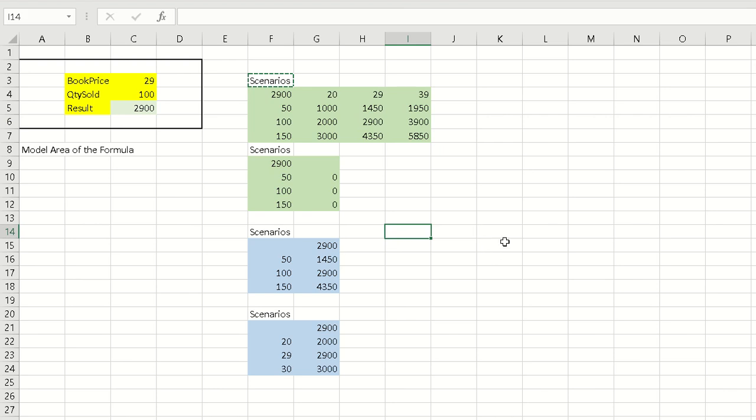Let's start first with this, then we go up, because this is more complex. You have two areas. So here, scenario.